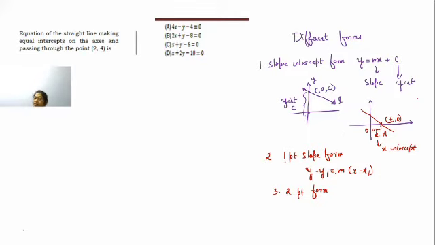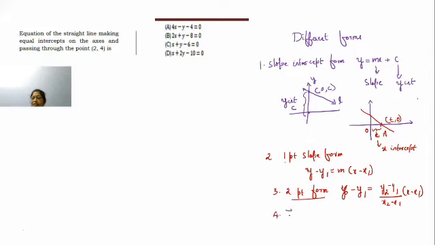So sometimes the question will be like this: to find the equation of a line, how many parameters are required? Two parameters. In the two point form, you will be given two points, x1, y1 and x2, y2. The equation of line becomes y minus y1 is equal to y2 minus y1 divided by x2 minus x1 into x minus x1.